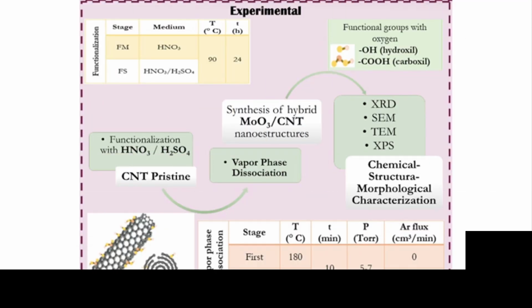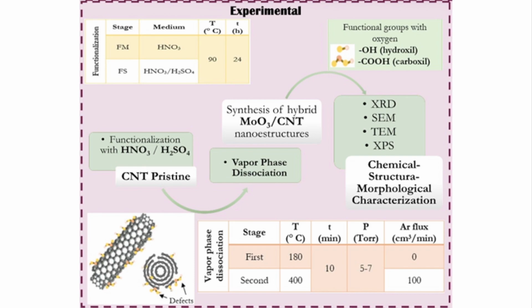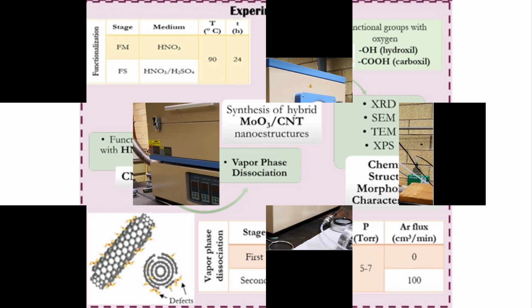On the other hand, the temperature of the first stage of the vapor phase dissociation method was varied: 180, 170, 160, and 140 degrees, maintaining a constant 1-to-1 weight ratio.